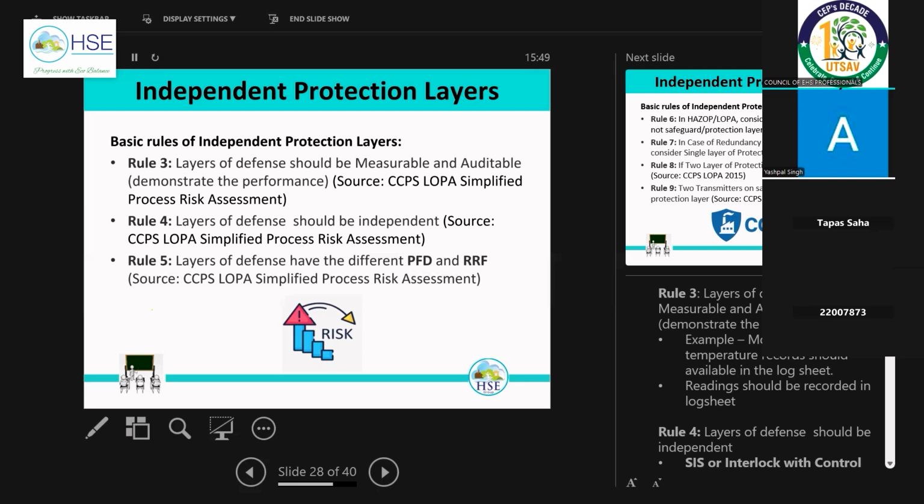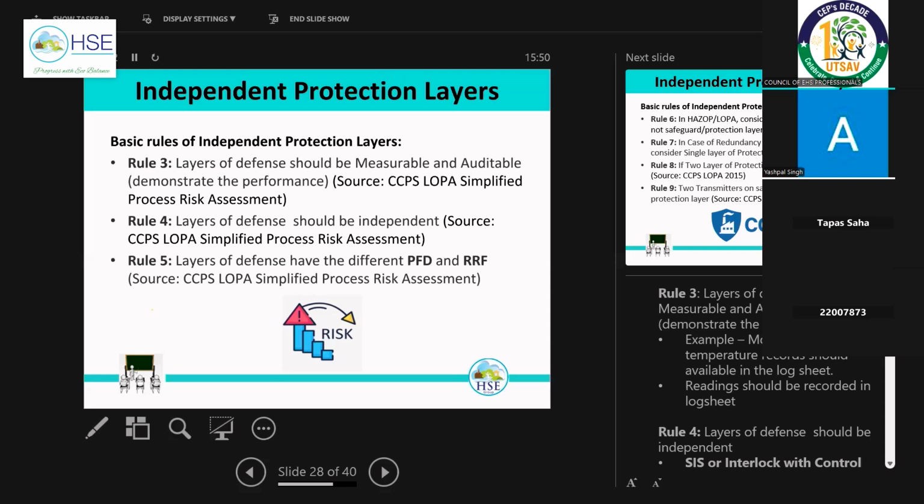Suppose we are doing the risk assessment, and we say this runaway reaction severity is 5 and the initial probability before the safeguard, before the control system, sorry, protection layer, is say F1, that is a maximum. When we consider this temperature control system, the PFD will be 10, or 10 to the minus 1, which means the probability of failure will reduce.